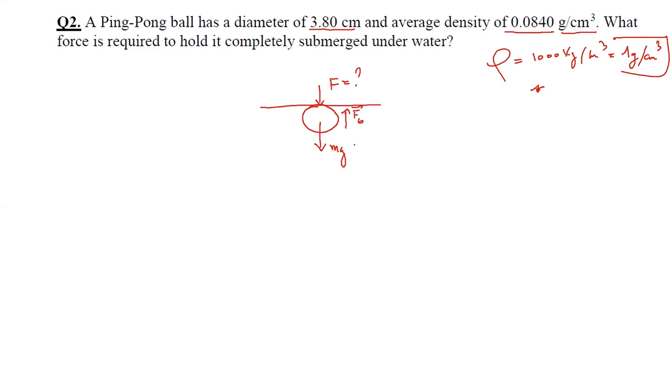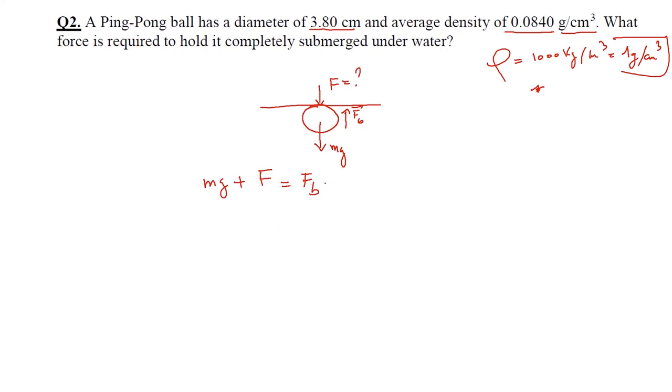So here I will have an equilibrium, balance of forces. Weight, mg of the ping pong ball, plus F that I want should be equal to the buoyant force. Good.